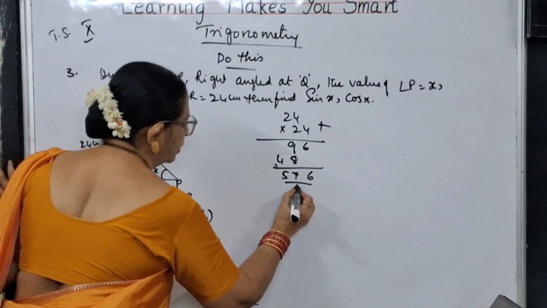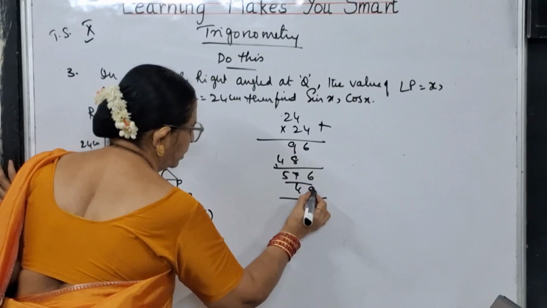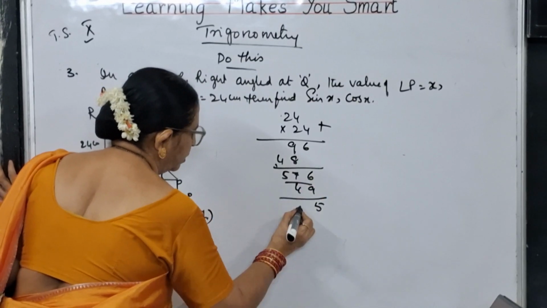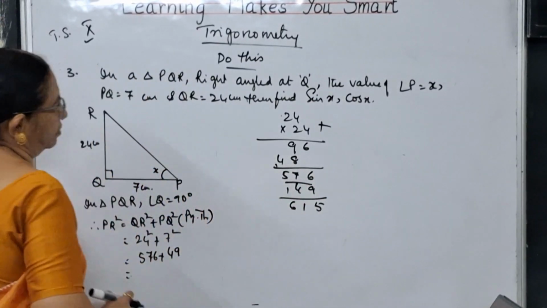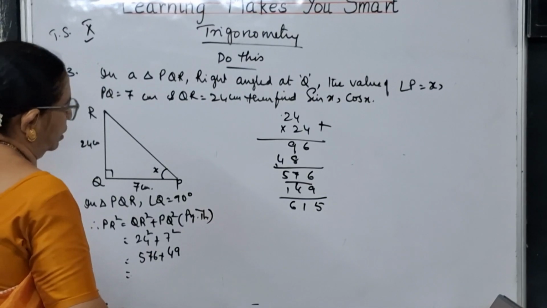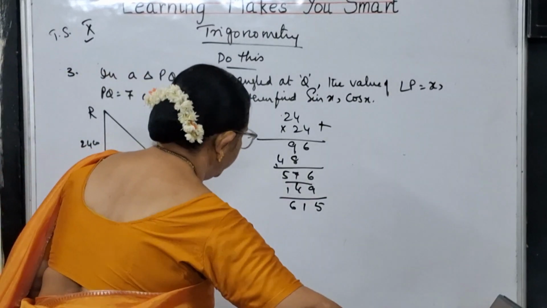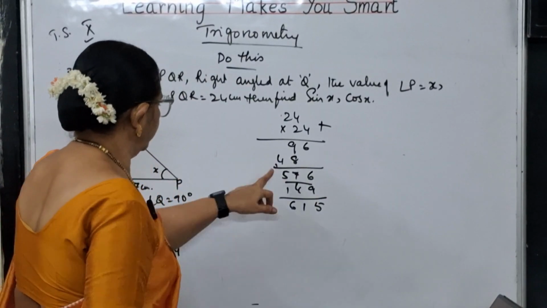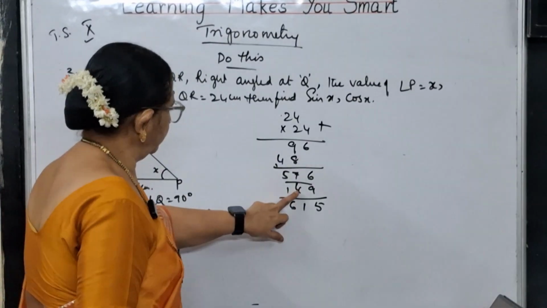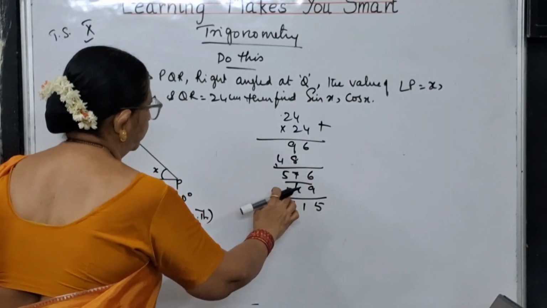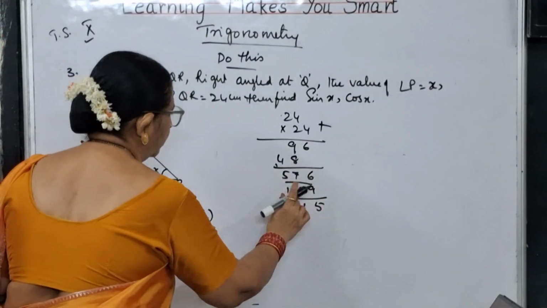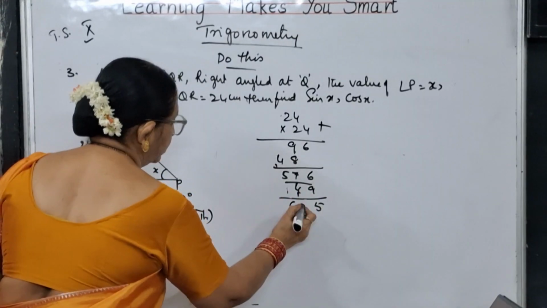So to this 576, if you add 49, 7 for 11, 12, children.